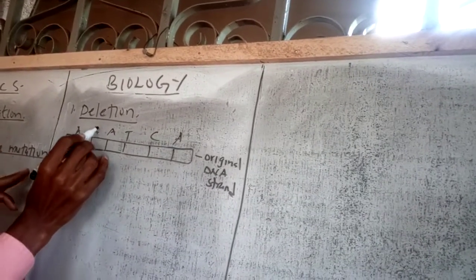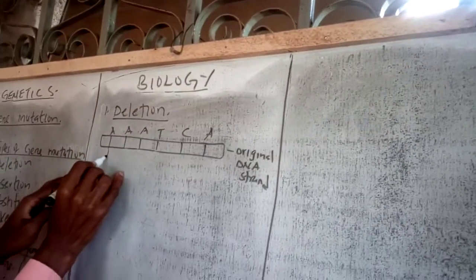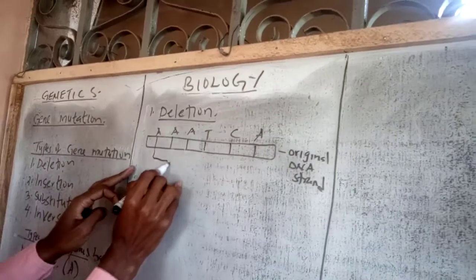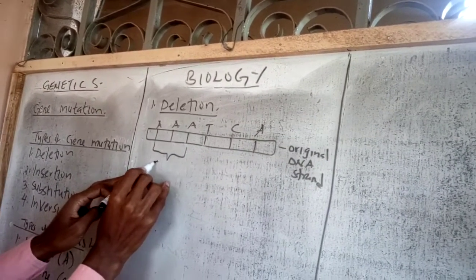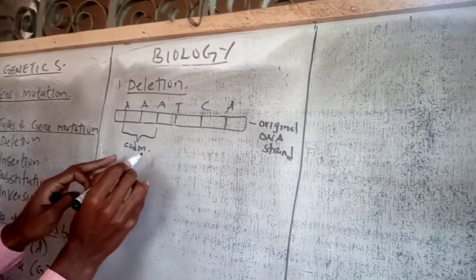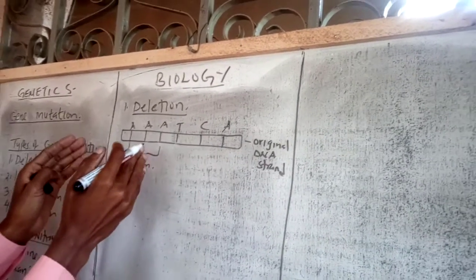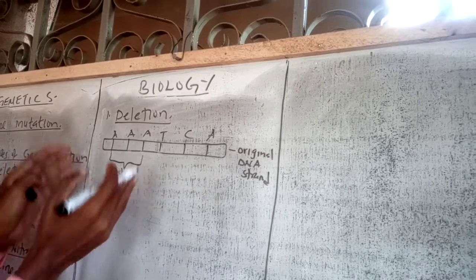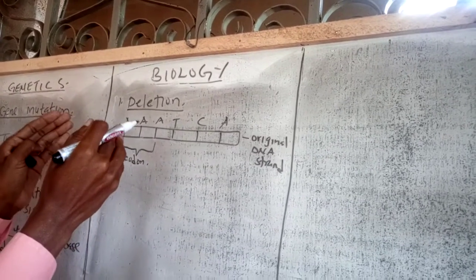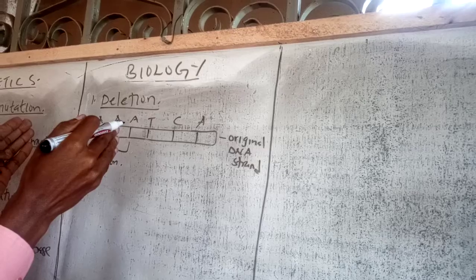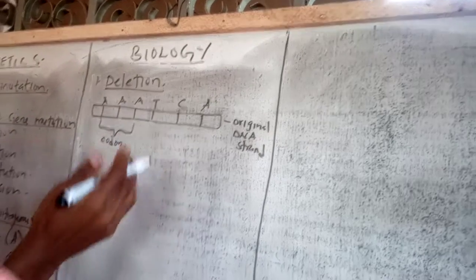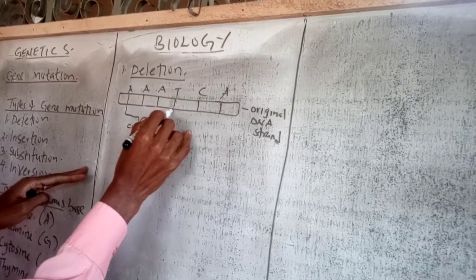For example, this is the original codon. A codon is the nitrogenous bases which appear in triplets, meaning that they work together and code for the information of a particular amino acid. This is another codon.